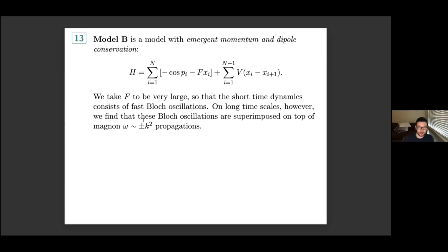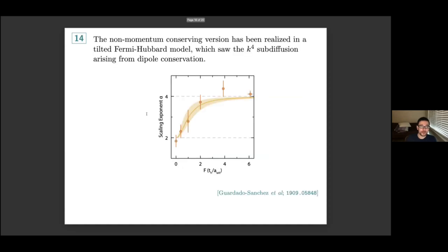And yeah, so we simulated it. Before I show you those numerics, let me briefly comment that this kind of model is maybe not impossible to realize in the lab. If you take away momentum conservation, this was done 2 years ago. You can put fermionic atoms in a tilted optical lattice, and when the tilt becomes sufficiently strong, they see a crossover from basically ordinary charge diffusion to this fourth order subdiffusion.